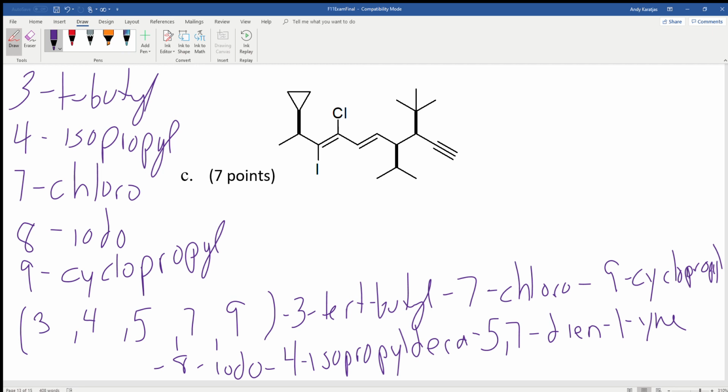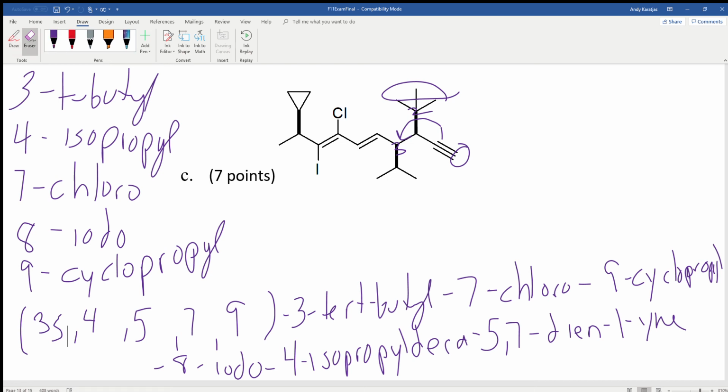So the tert-butyl is a carbon bonded to 3 carbons, but so is the alkyne. So we have to go 1 carbon further. This end of the alkyne is also a carbon that we count as bonded to multiple carbons because of the alkyne, where these are just methyl groups. So the alkyne is first priority, tert-butyl second, and the rest of the chain is third priority. This goes counterclockwise, and so we have 3S.